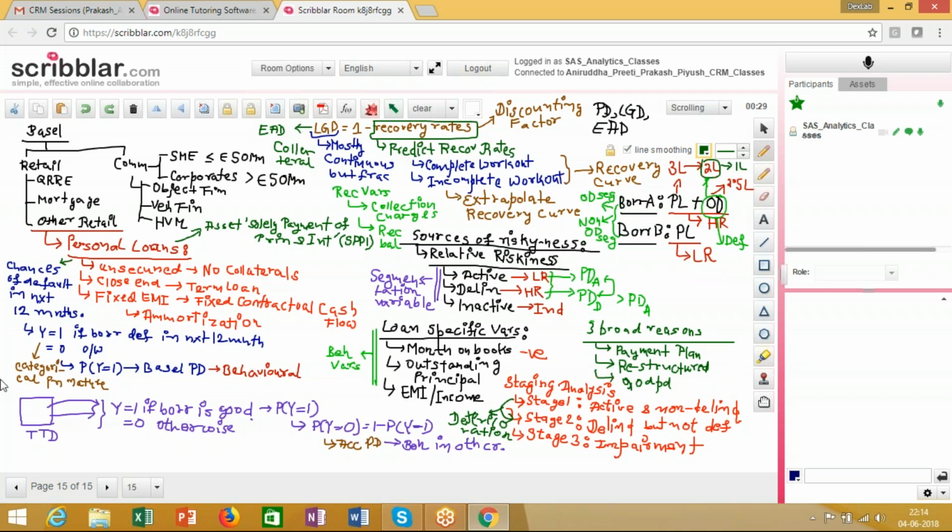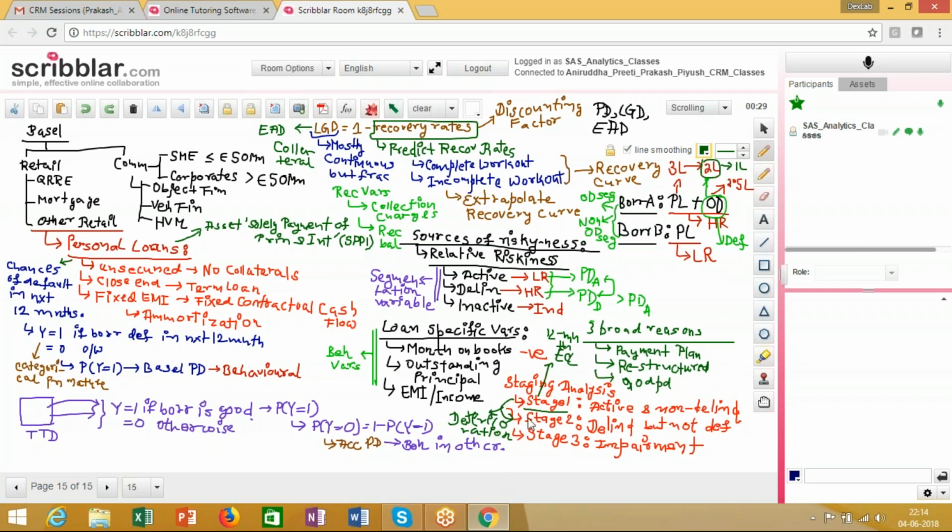So basically, it is seen that for accounts in stage one under IFRS 9, the next 12 months ECL is computed. Right? So the 12-month ECL is computed over here.